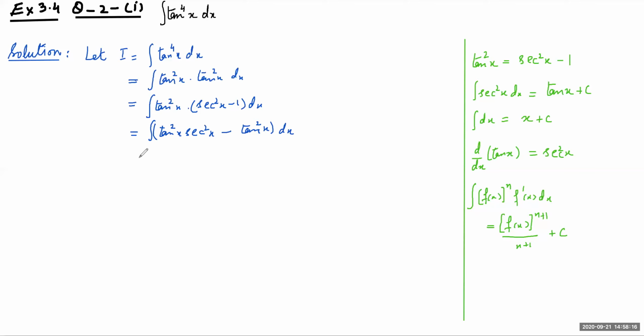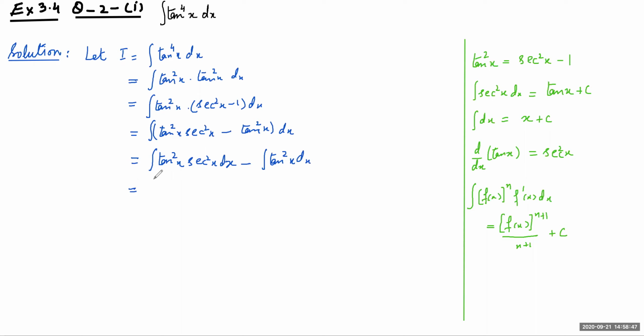Now let's open it. As a result, we get two integrals, integral tan²x sec²x dx minus integral tan²x dx. Now again use this formula, tan²x equals sec²x minus 1.